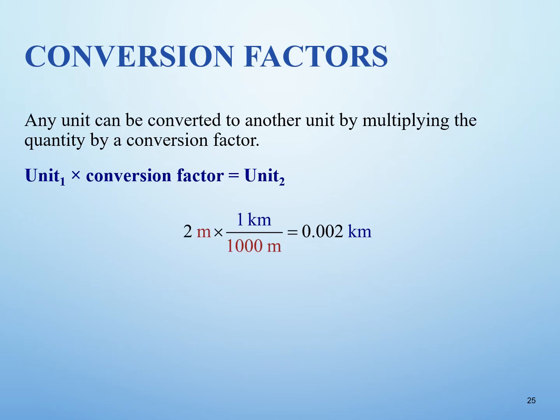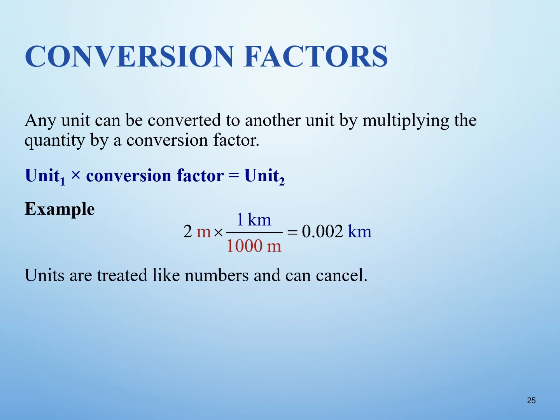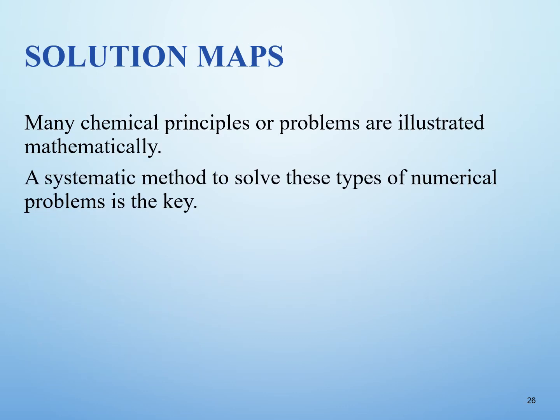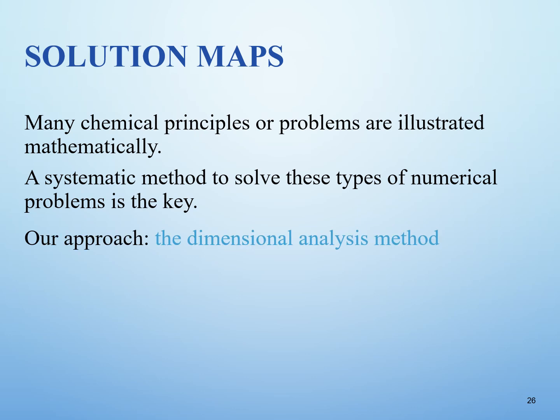So if we want to convert kilometers, we put meters on the bottom so they cancel off, and then kilometer on the top. So basically like what I've been showing you with the weeks and seconds. We're going to use maps like this to solve a lot of problems, actually probably the whole entire semester. And we call this the dimensional analysis method.